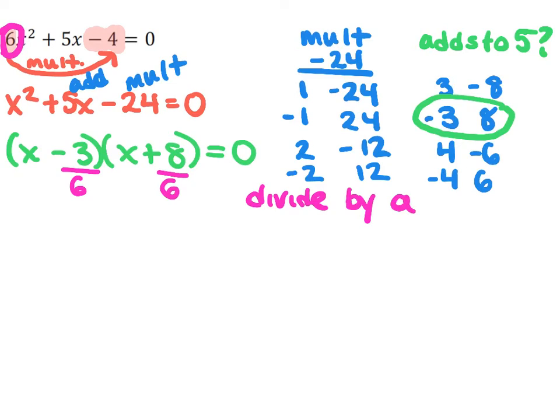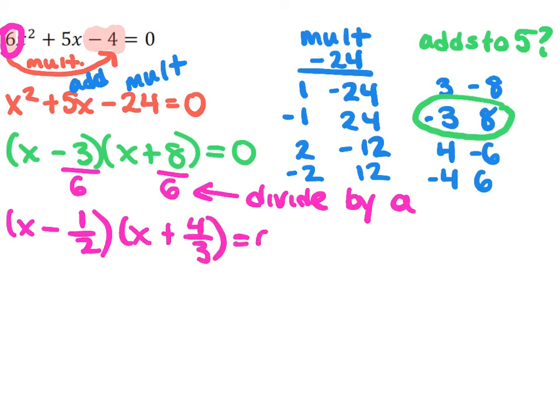Now if I do that and I simplify, it's going to become x minus 3 over 6 simplifies to 1 over 2. And 8 divided by 6 becomes 4 over 3. And it's still equal to 0.